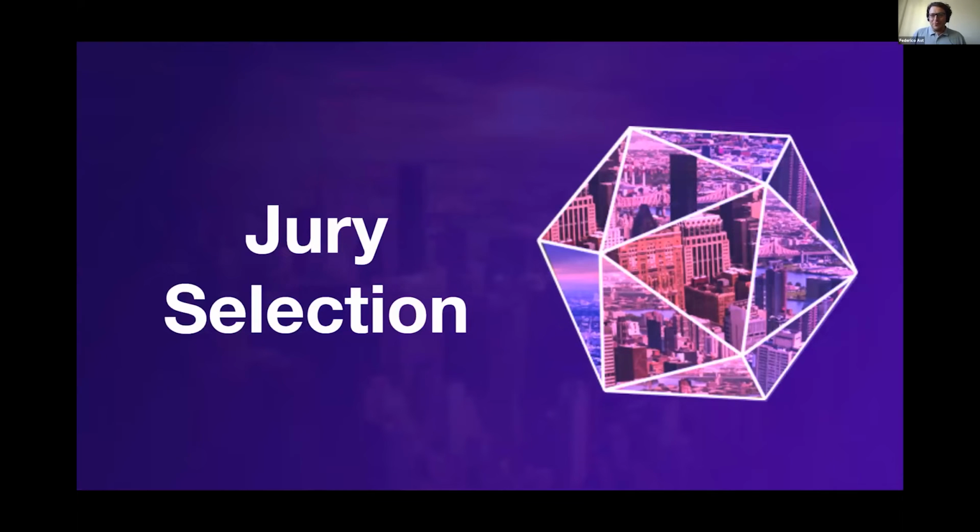So a question that you might be having is, okay, how do you pick these people? Who are these jurors and how do you select them? Let's say this woman is a website designer and she works at a company designing websites. At night, to make some money on the side, she wants to be an arbitrator in Kleros.